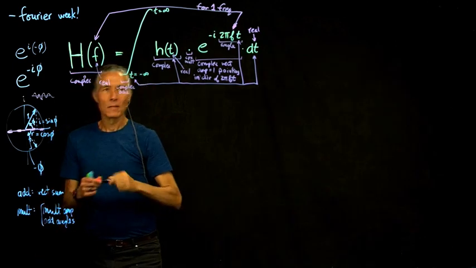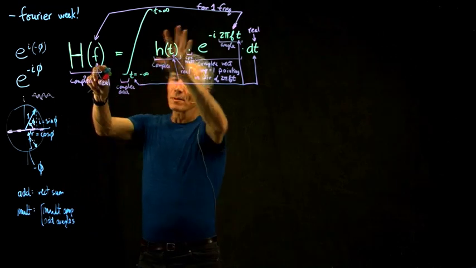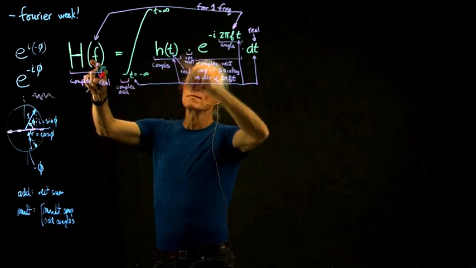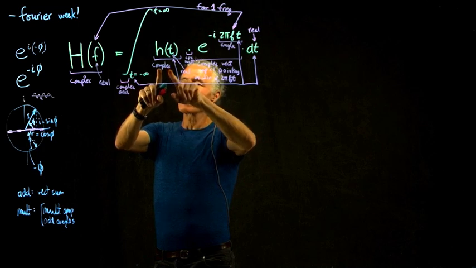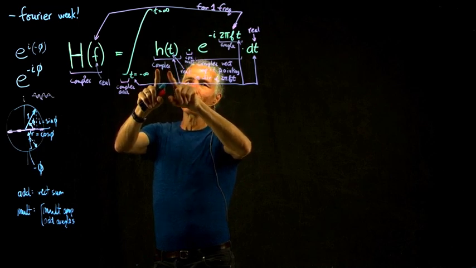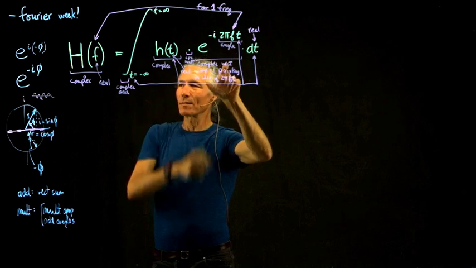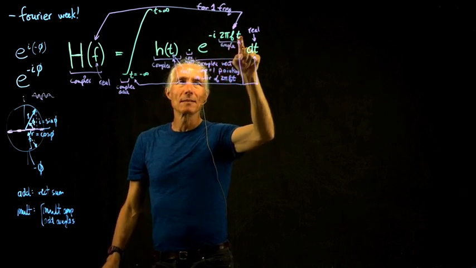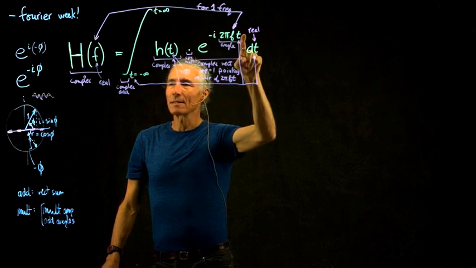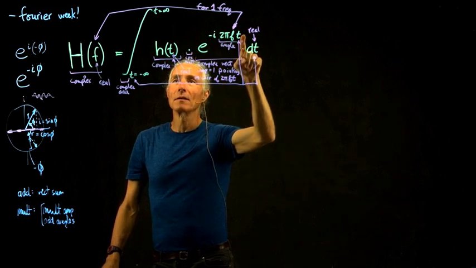So this whole operation says for one frequency, what we do is we take a whole bunch of different time points, and for each one we multiply it by this thing, which is this vector pointing in some direction, which will change because for each time point we're going to insert a different t here.